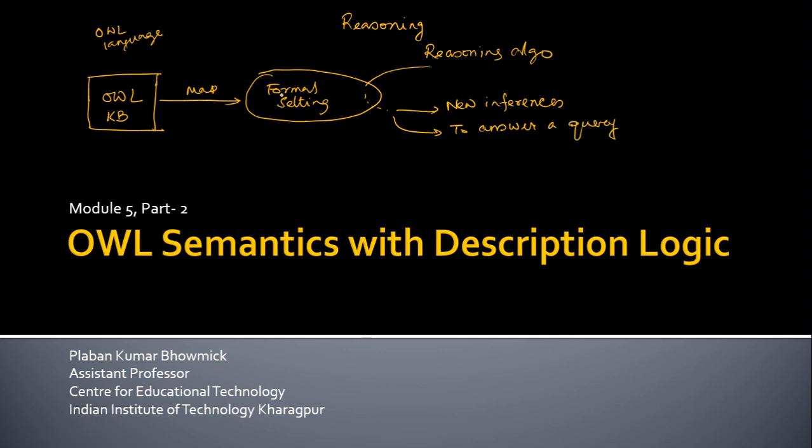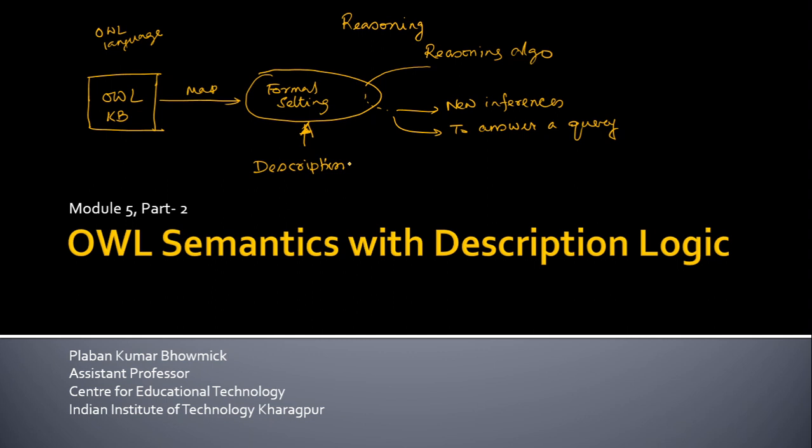right? So the particular focus of this part of the module would be to talk about the formal setting that we will require to represent the OWL ontology or OWL knowledge base mathematically or formally, right? And that particular setting is what we call description logic.